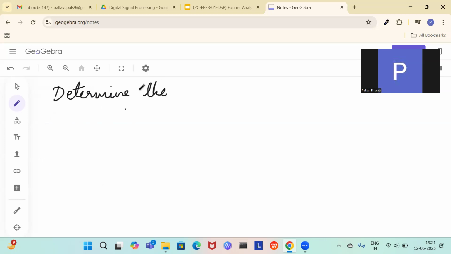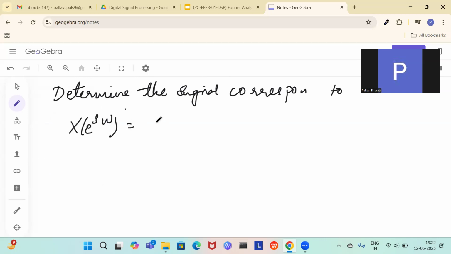The Fourier transform is given as x of e j omega equals e to the power of minus j omega times 0.5 plus 0.5 cos omega.